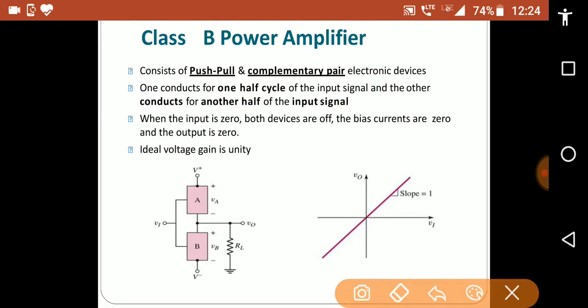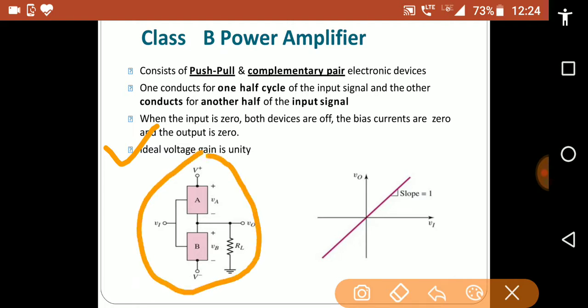When the input is 0, both devices are off. The bias currents are 0 and the output is also 0. The ideal voltage gain of class B amplifier is unity. So this is the block diagram of class B amplifier.